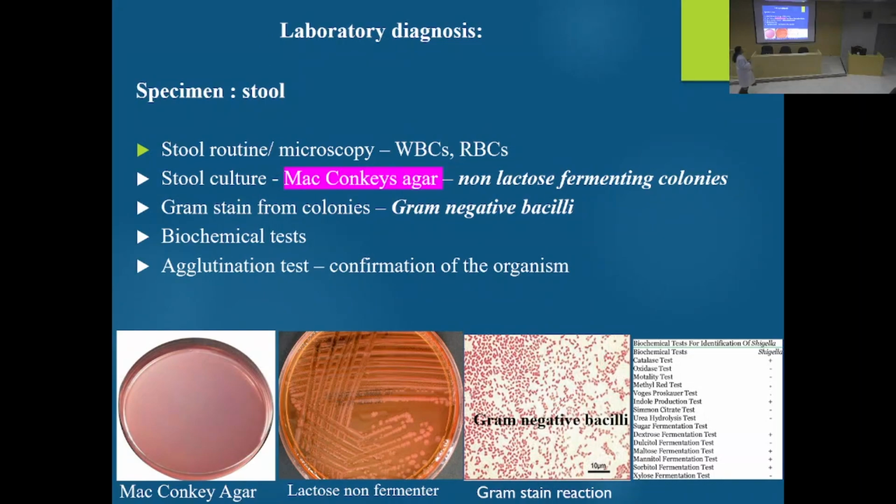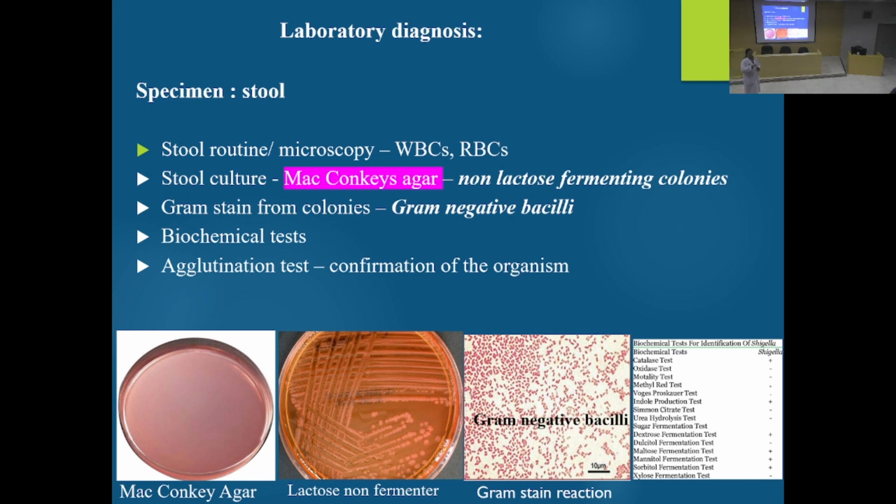So when Amina had all these signs and symptoms, the most important sample requested by the clinician is the stool sample, right? When we receive the stool sample from the patient, the first and foremost thing that we do is stool microscopy or stool routine.